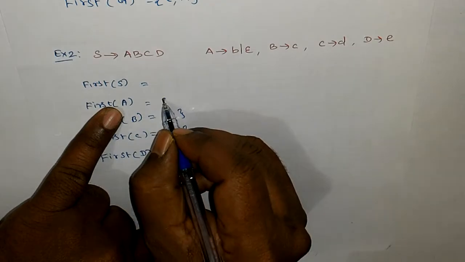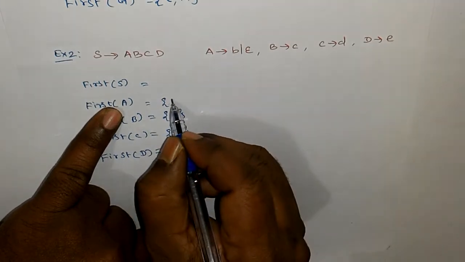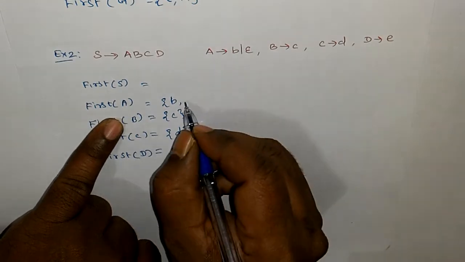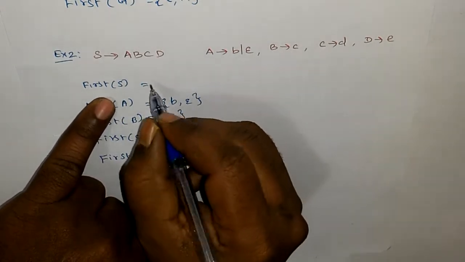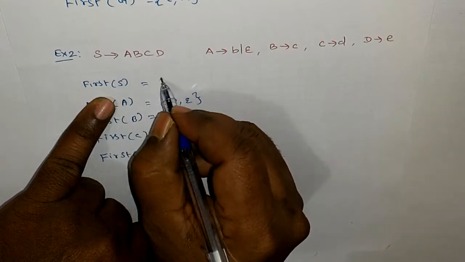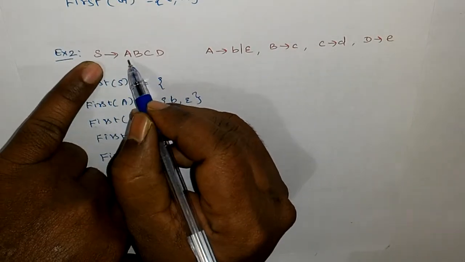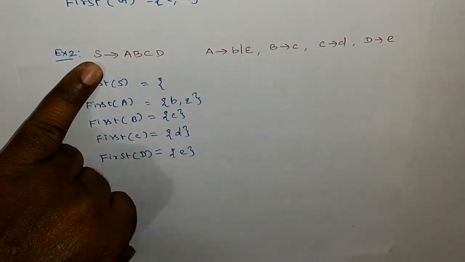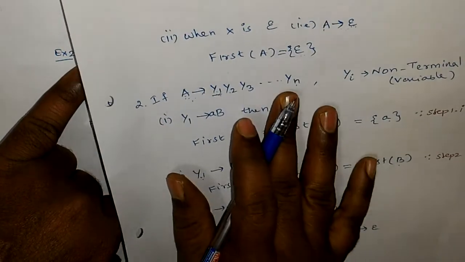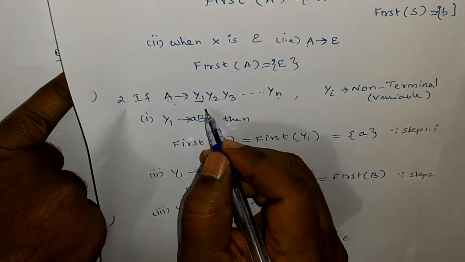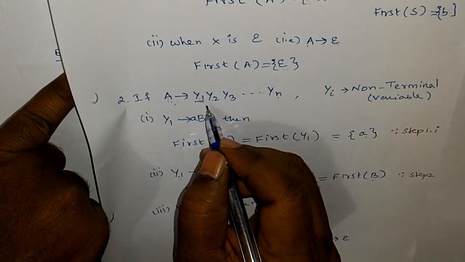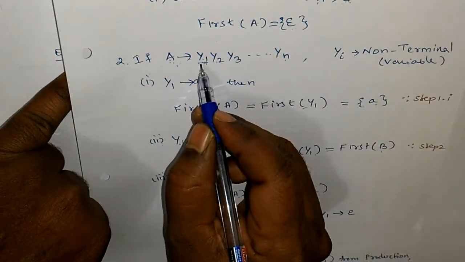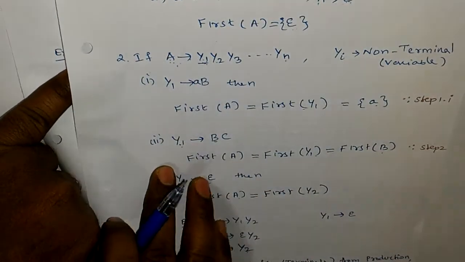In this production first of A is b, and in the second production first of A is epsilon. Then first of S is A, and A is a non-terminal, so we have to find the first of that non-terminal.